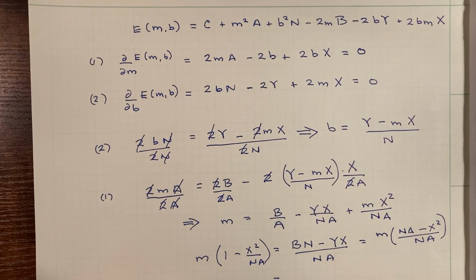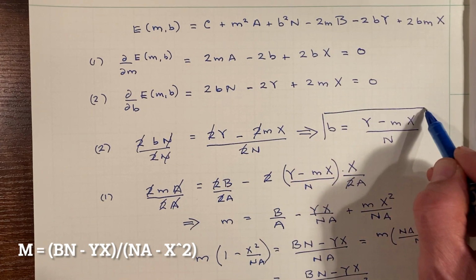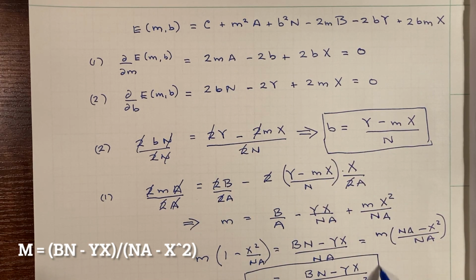So then we can say that m equals bn minus yx over na minus x squared. We've essentially divided one by the other. The na's canceled. So these two expressions then are exactly what we were looking for. An expression for the b-intercept and an expression for the slope.